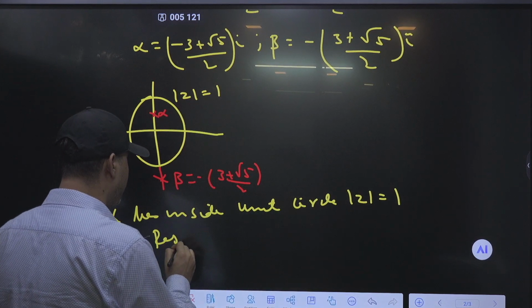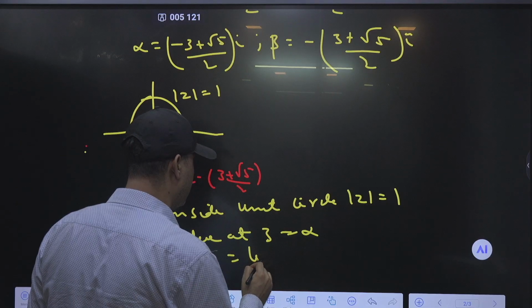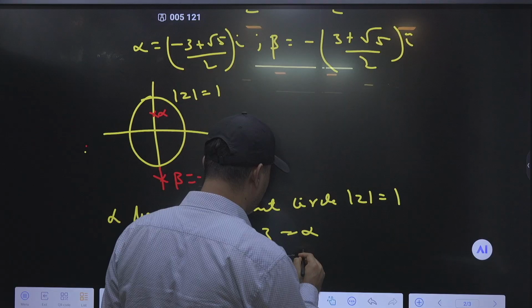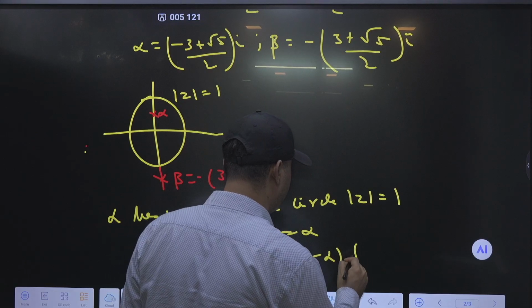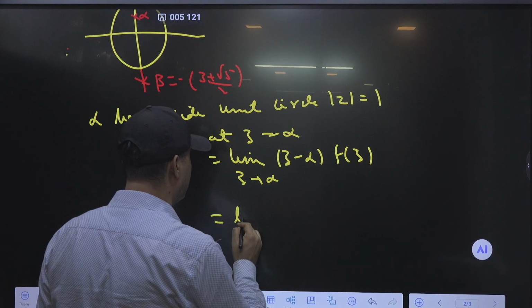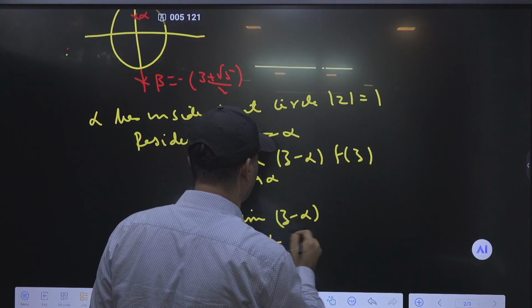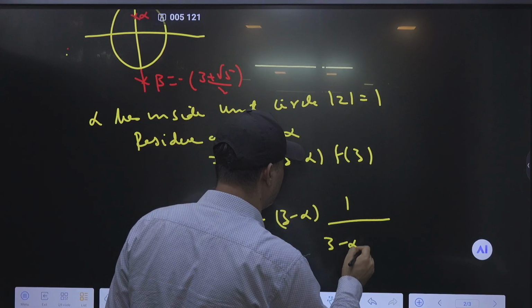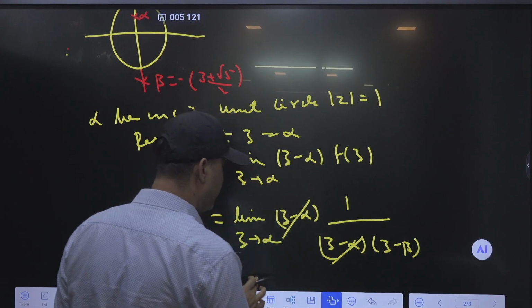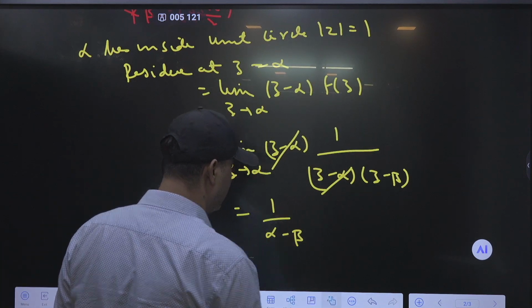So the residue at z is equal to alpha, because I have a simple pole and alpha and beta are distinct, is the limit as z tends to alpha of z minus alpha into f(z), which is z minus alpha upon z minus alpha into z minus beta. So z minus alpha gets cancelled, and this is the residue at z is equal to alpha.